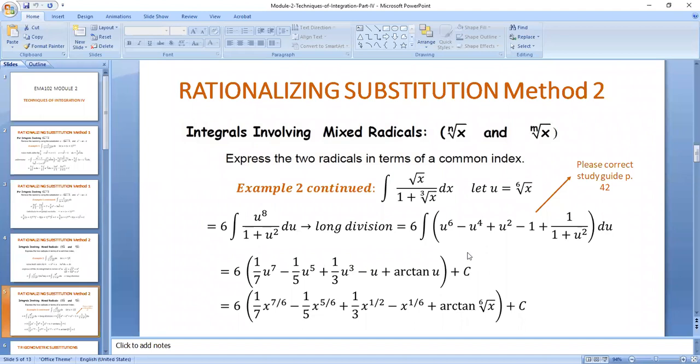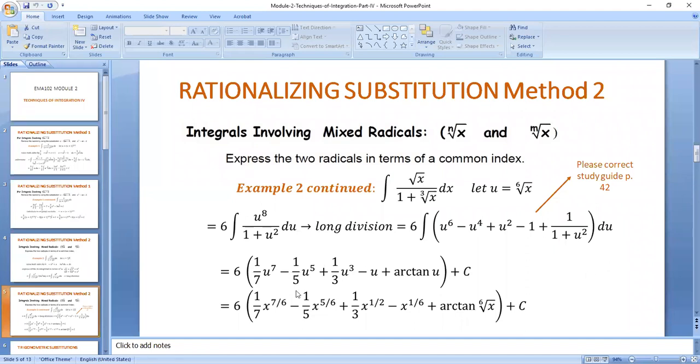Now, isn't this easier to process than the original? This is your original. This will be power rule, power rule, power rule, integral of a constant, and this one is the arctan. So we've discussed it last meeting, that du over 1 plus u squared yields an arctan of u.